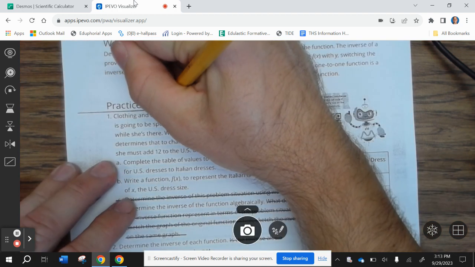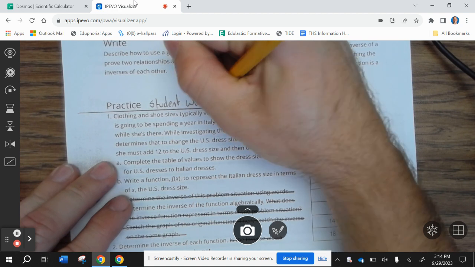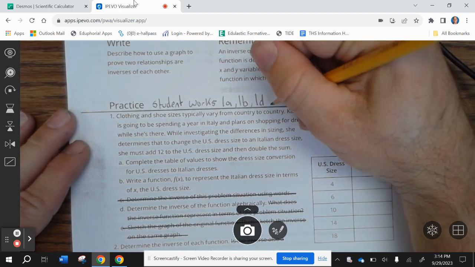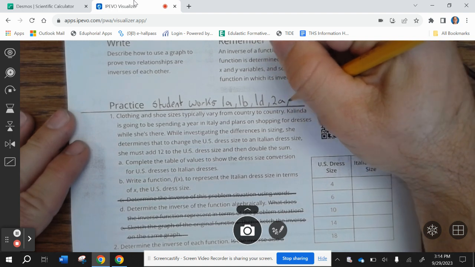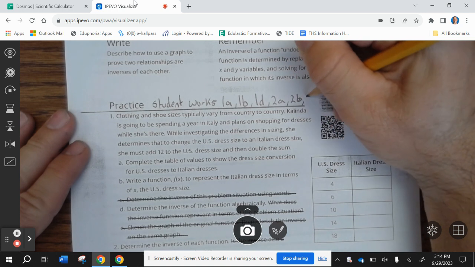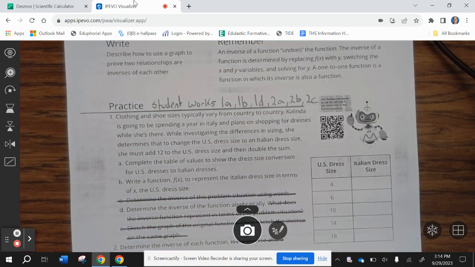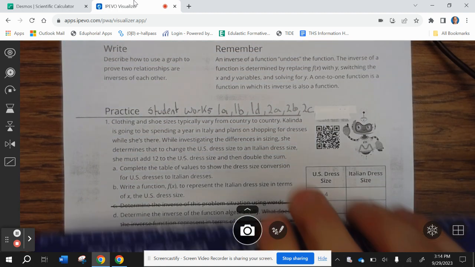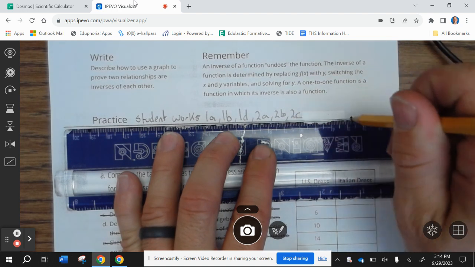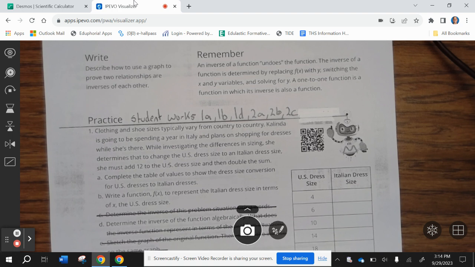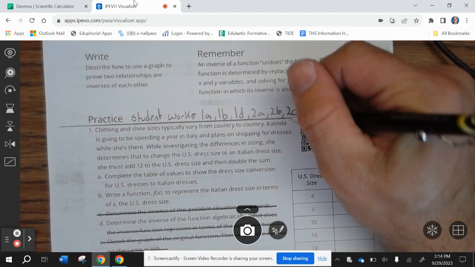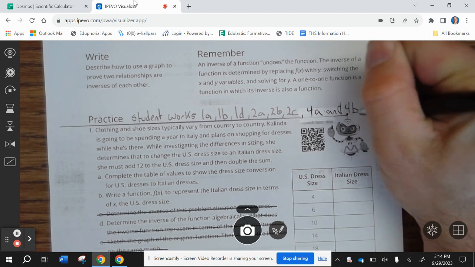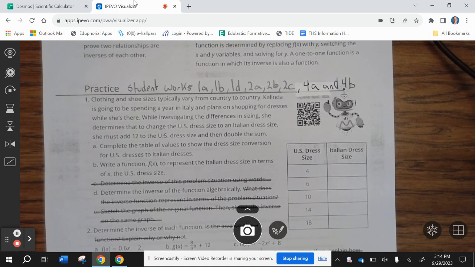All right, student works 1A, 1B, 1D, 2A, 2B, 2C, 4A, and 4B.